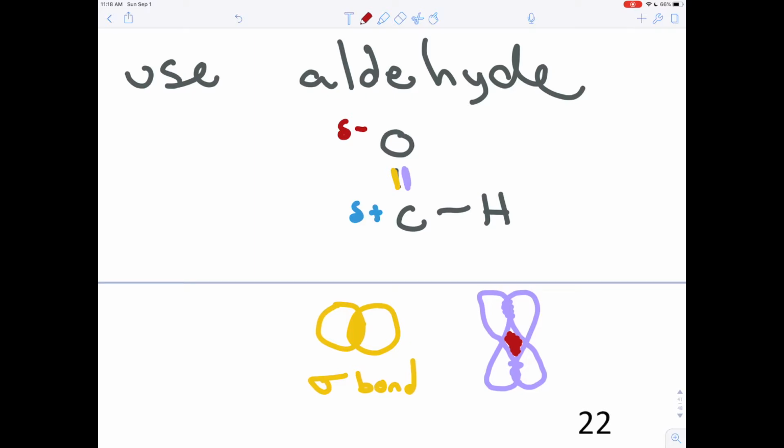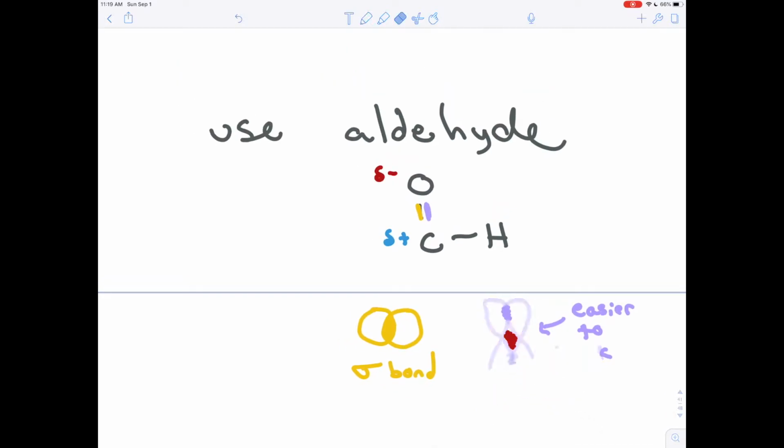And so this is a weaker type of bond because of that interruption, and this is called a pi bond. And so these are easier to break, because the overlap between the orbitals is interrupted. And so this carbon is an amazing electrophile, first because of the charge, and second because it has a bond that's really easy to break, that pi bond there.